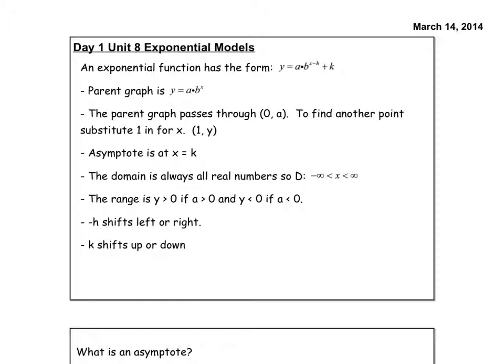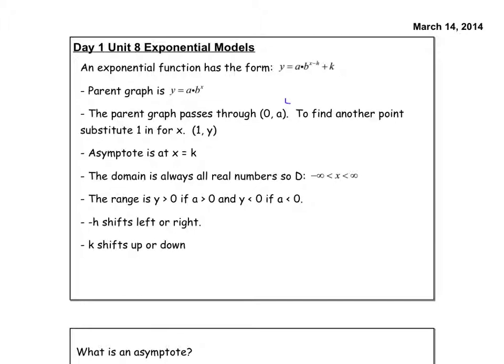The parent function, which we've talked a lot about before, the parent function of an exponential graph is y equals a times b to the x. The parent graph is always going to pass through (0, a). Whatever a is, that's what it will pass through. That's also going to be called the y-intercept.